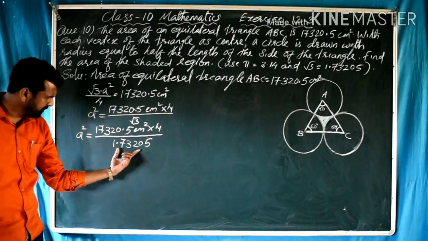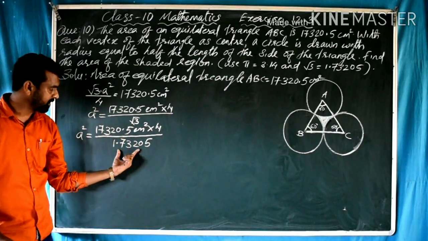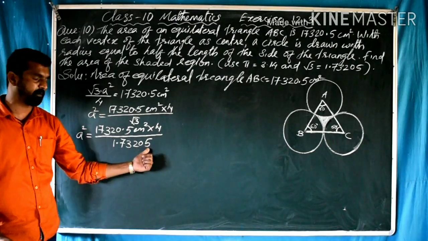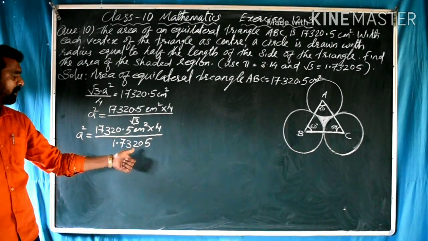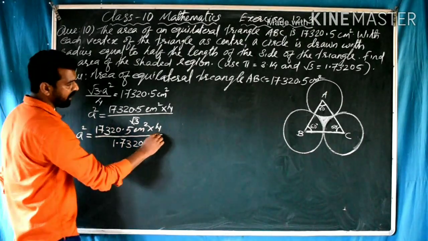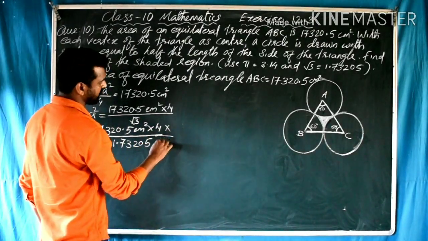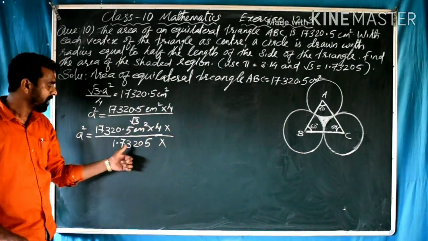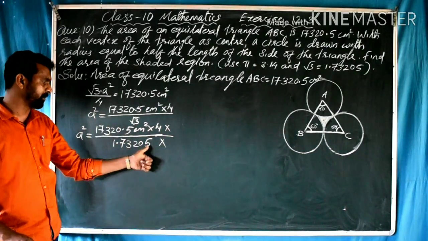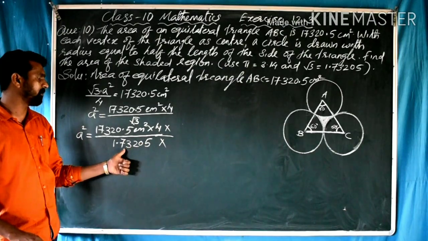Now you see, in the denominator it is a decimal number, 1.73205, so we have to remove this decimal. For removing it, we have to multiply the numerator and denominator by which number? We count the digits after the decimal point: 1, 2, 3, 4, 5.